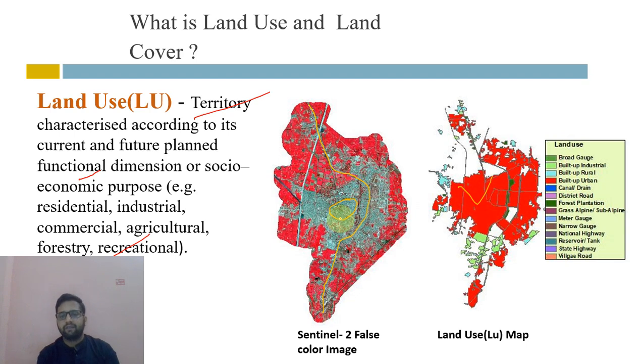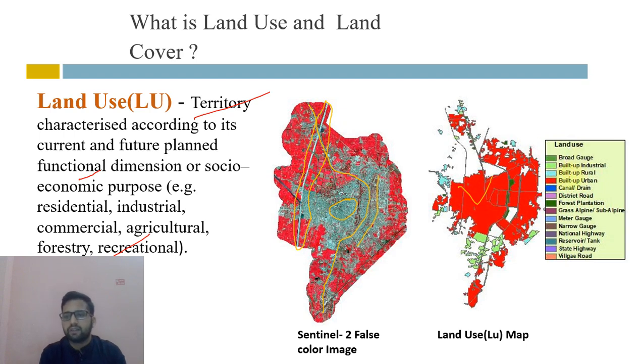So settlement and road are also land use features, in the category of built up area. Another feature is a canal. Here the canal is also man-made, so it is a land use feature also.